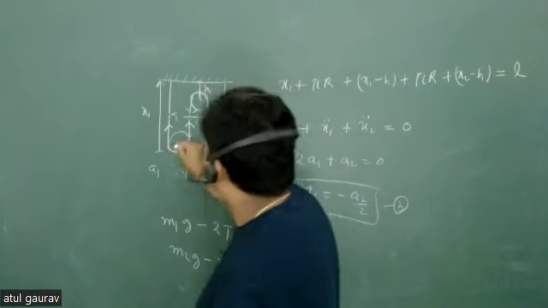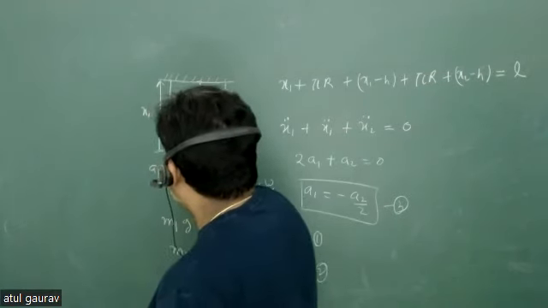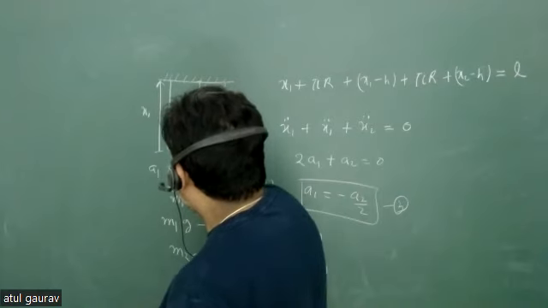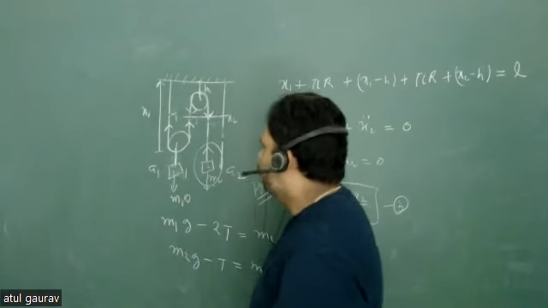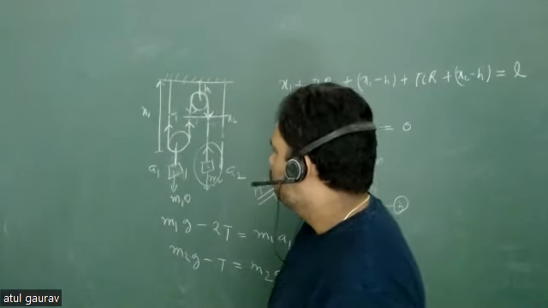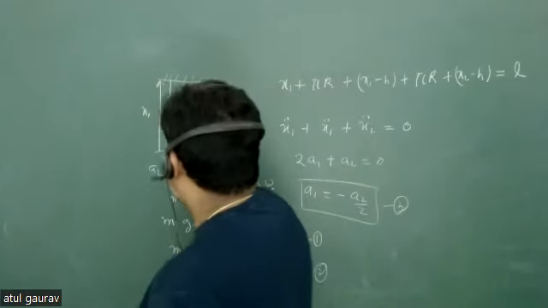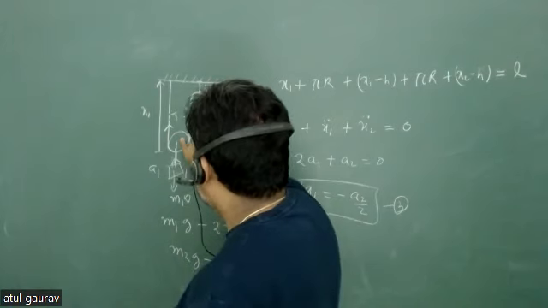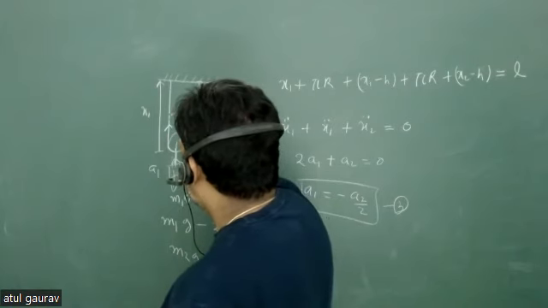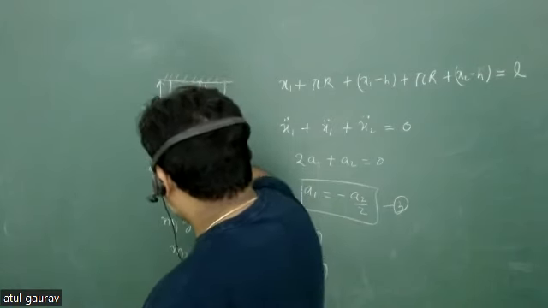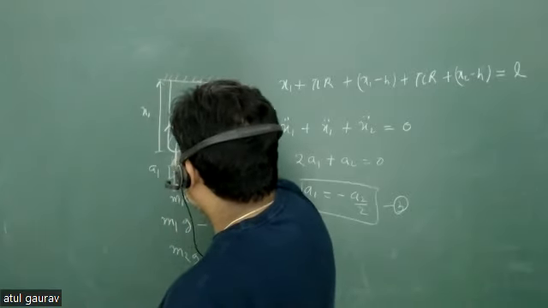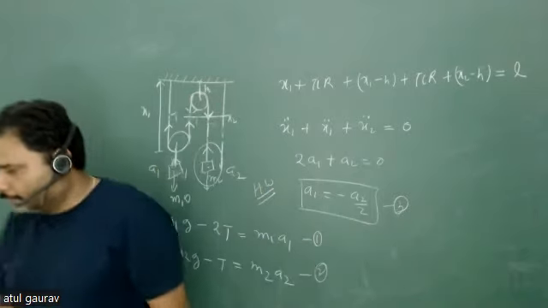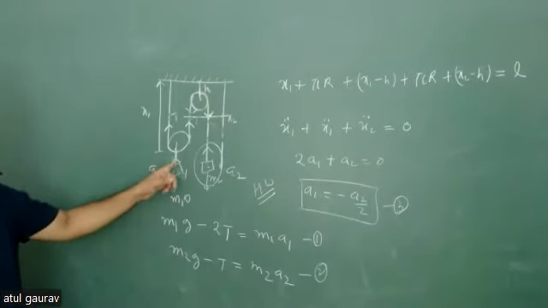And suppose there is one more rope also. Suppose this is mass M1G. What will be the tension in this string, upward or downward? Upward. Okay. For this mass and for this pulley? Upward. Downward. Make it a little bit larger for this string.